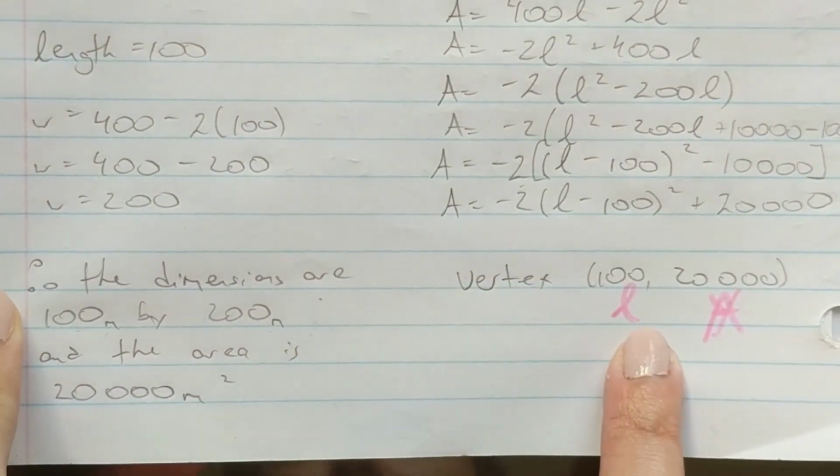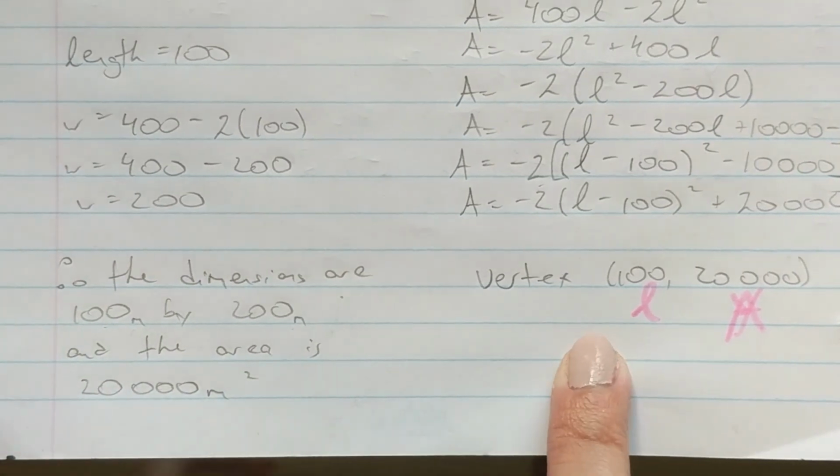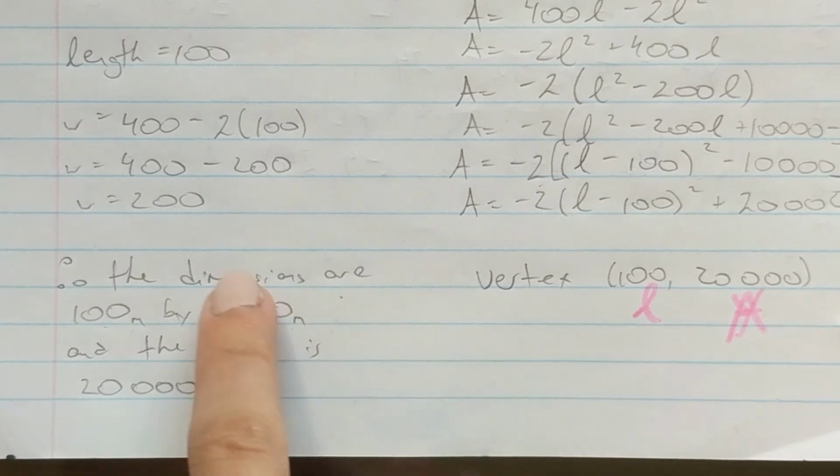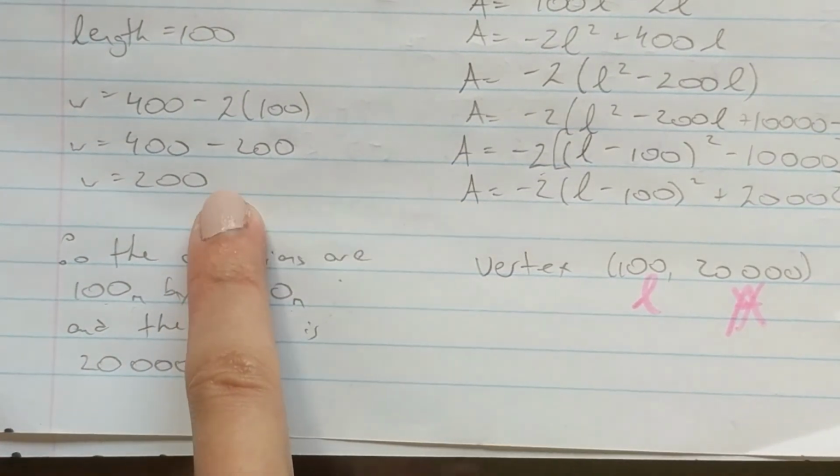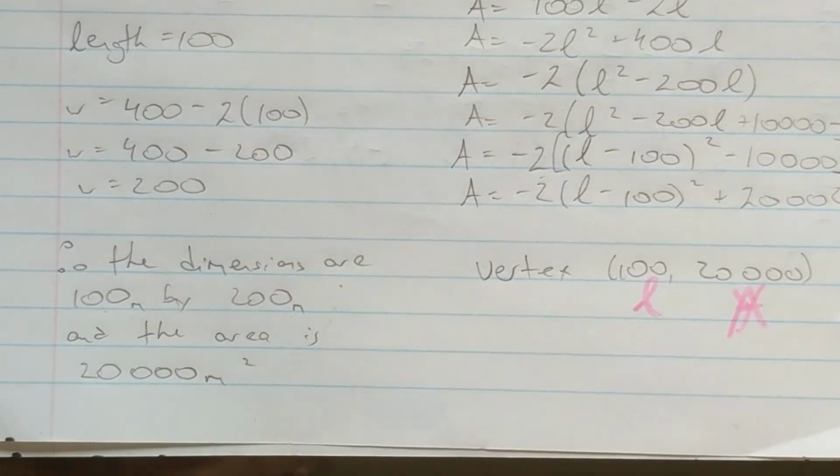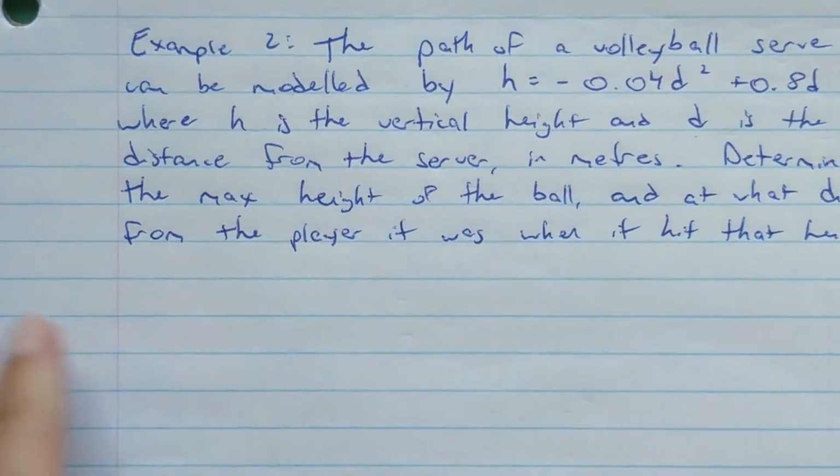I then completed the square in order to find the vertex. The vertex gave me the length dimension for the maximized area. I then was able to find the width given the length, and I could conclude with my area as well. So all pretty straightforward, and it will just take a little bit of getting used to dealing with these types of problems. Let's deal with another one here.